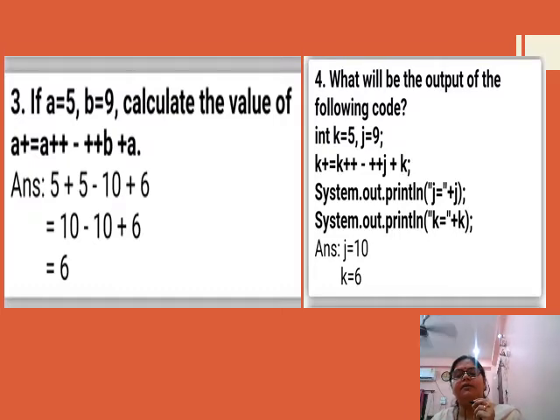K++ will become 5 only, minus 10 plus K. So we will solve it, then we are going to get the answer. J will be 10 and K will be 6.